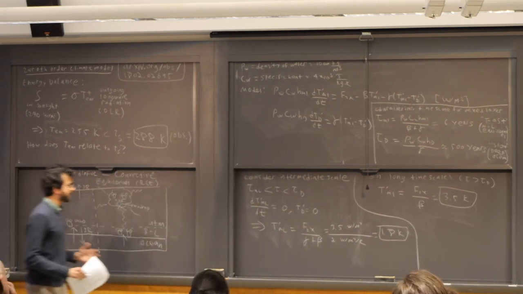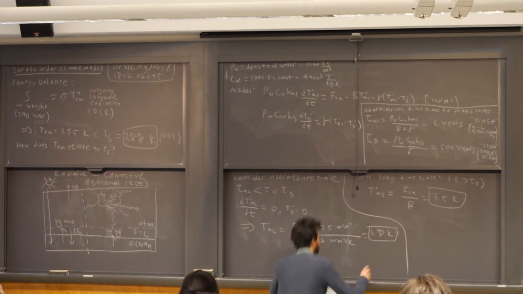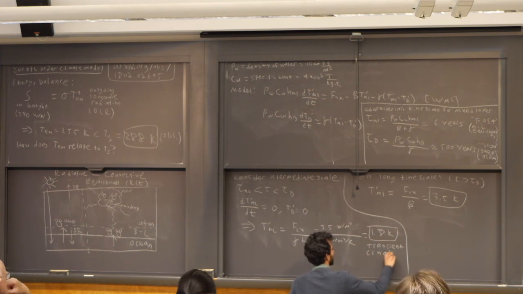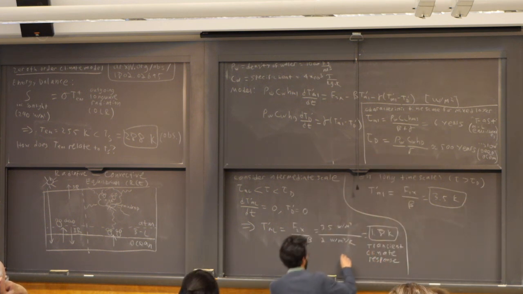So these two numbers have names in the literature, in case that's helpful. Maybe you guys have heard of these. So this is essentially the transient climate response, also known as the TCR.